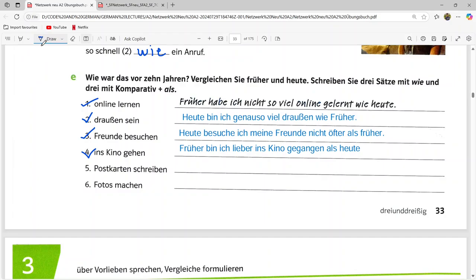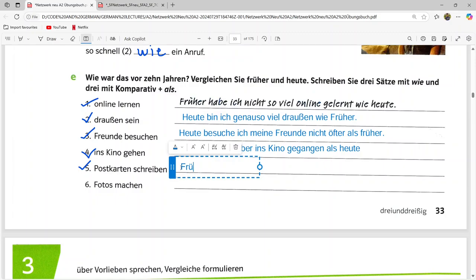Okay, next one, Postkarten schreiben. Like we can say, we use "we" one more time, so I will use it here. Previously I sent little postcards and now I also send little postcards.